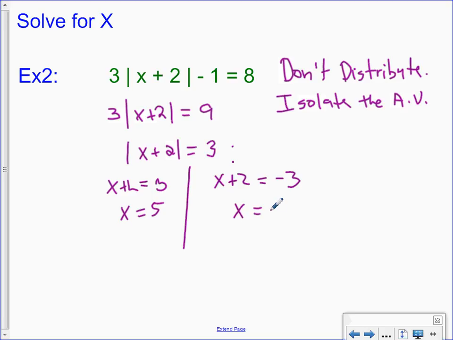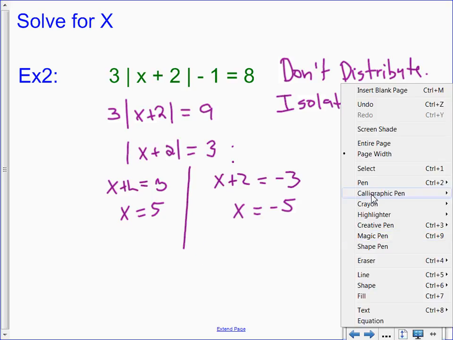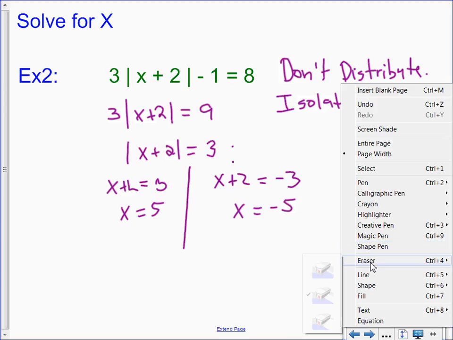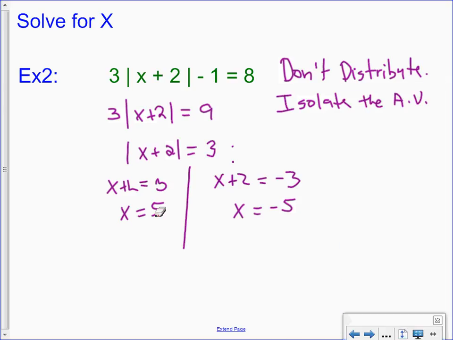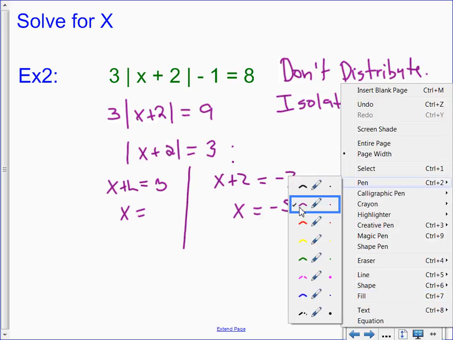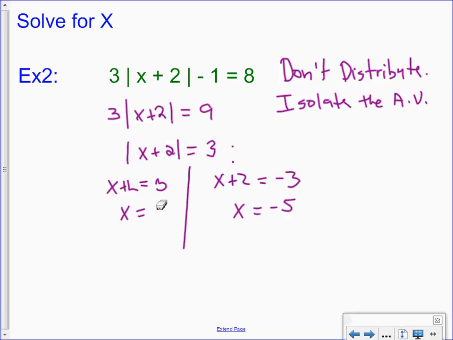On the other side, you get x equals -5. Over here, you get 1. Here we go. This is a 1.